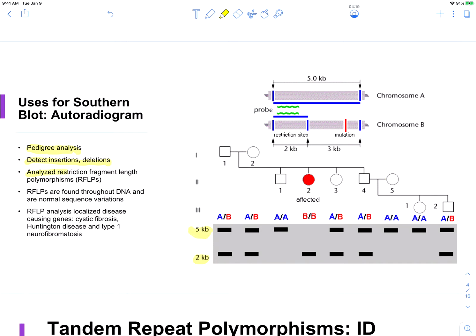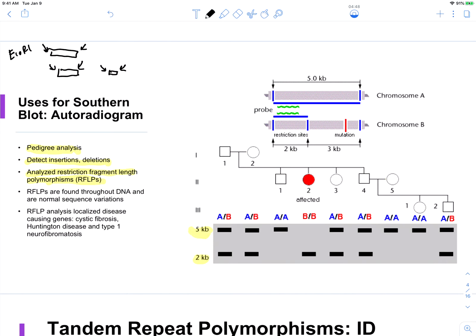This is all done by analyzing restriction fragment length polymorphisms, or RFLPs. Restriction fragment length polymorphisms is just what we had talked about. It's EcoR1 making different lengths. The EcoR1 will clip off different sizes based on a consensus sequence that it recognizes.